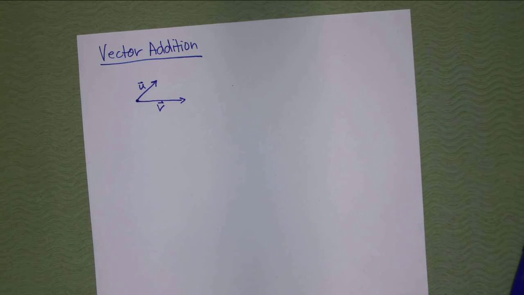Here's a vector v and a vector u. They're not parallel. If we were to add those, I'm going to show you what happens, because you have to remember that a vector can be moved around. I happen to start these two vectors at the same point in this picture, but let me pick up v and move it. I'm going to draw the same two vectors looking a little bit different.